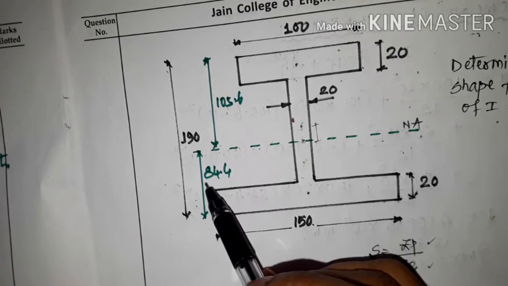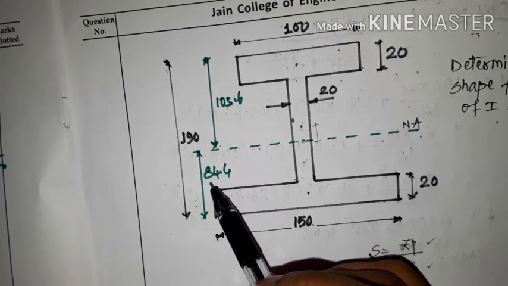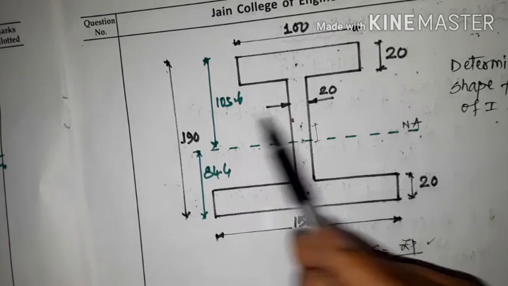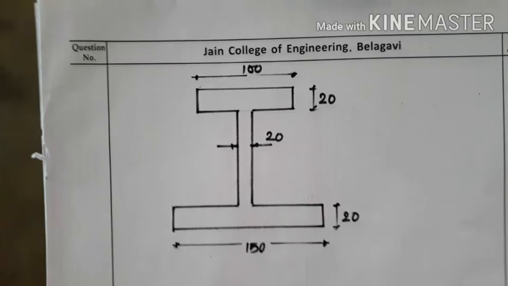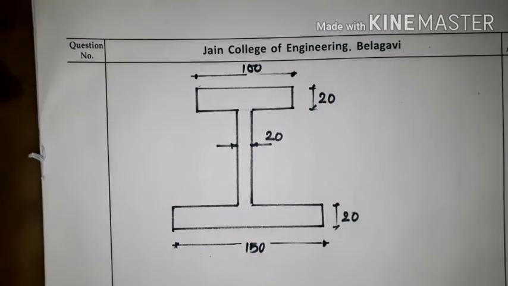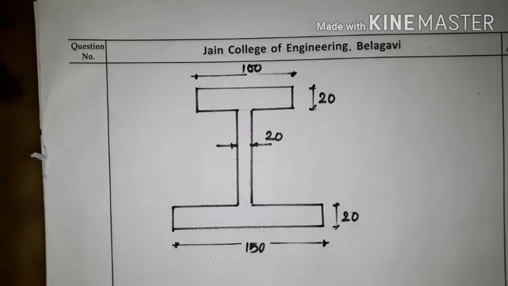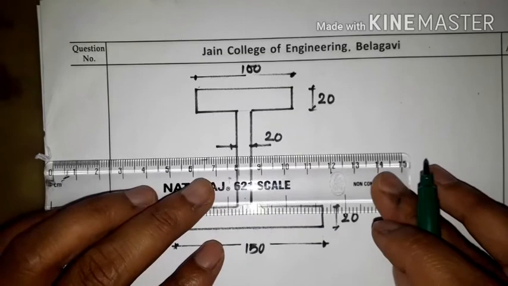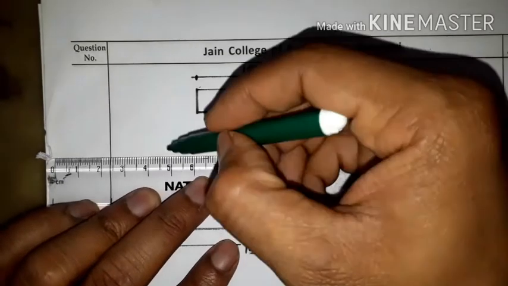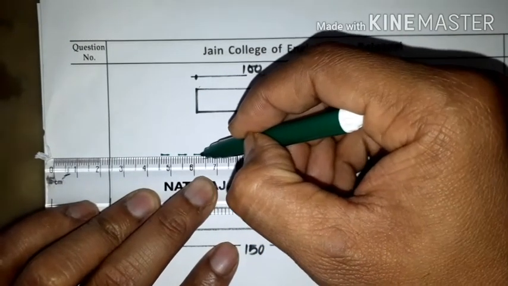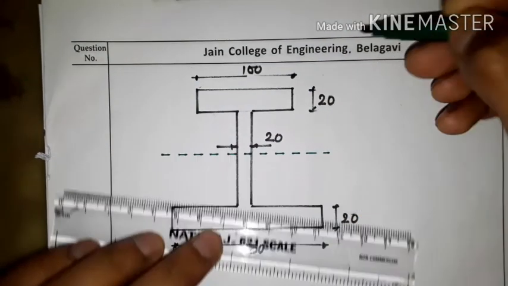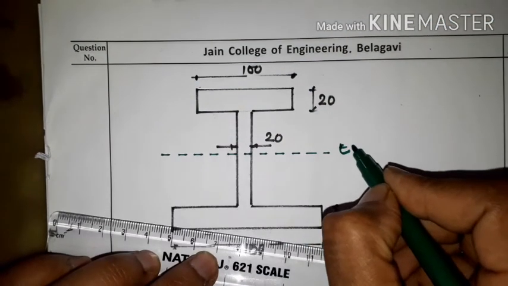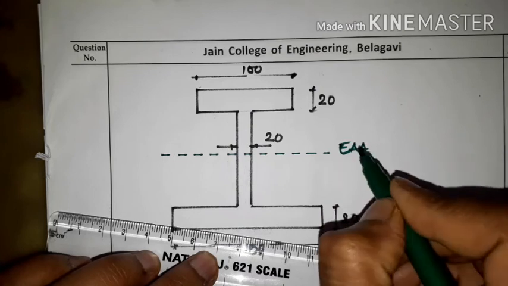So we will consider an imaginary plane, that is the equal area axis, EAA, somewhere here.